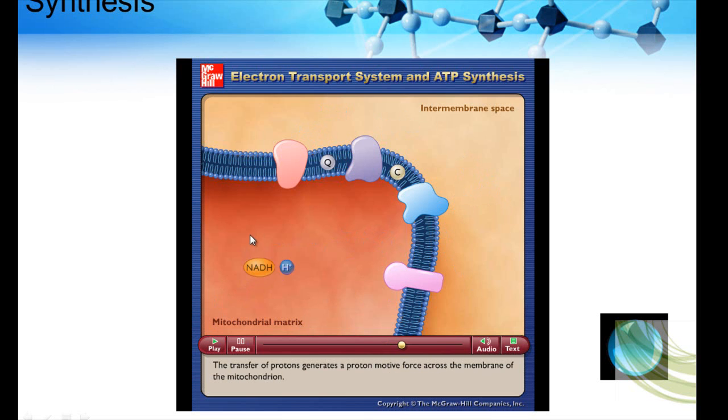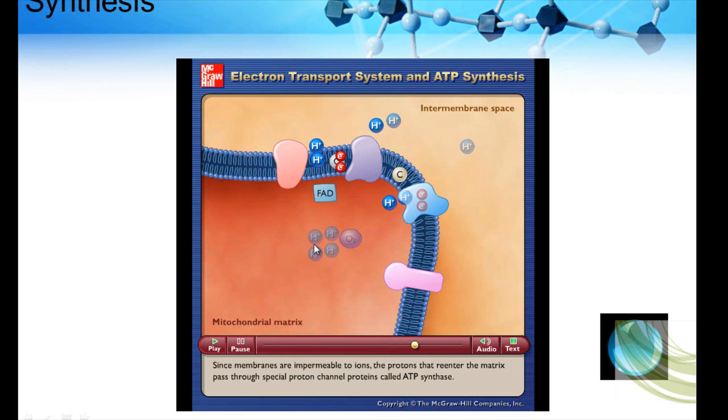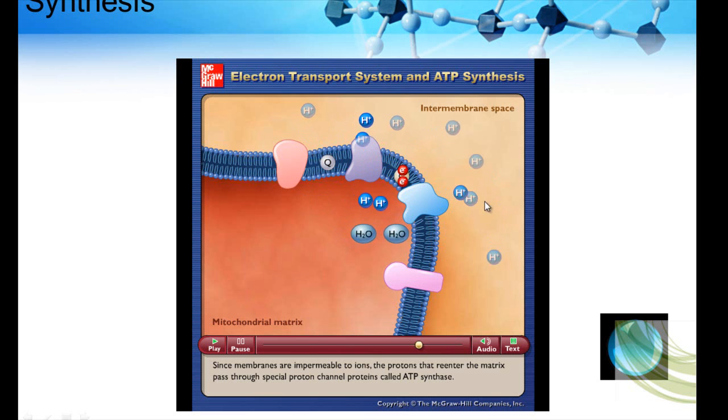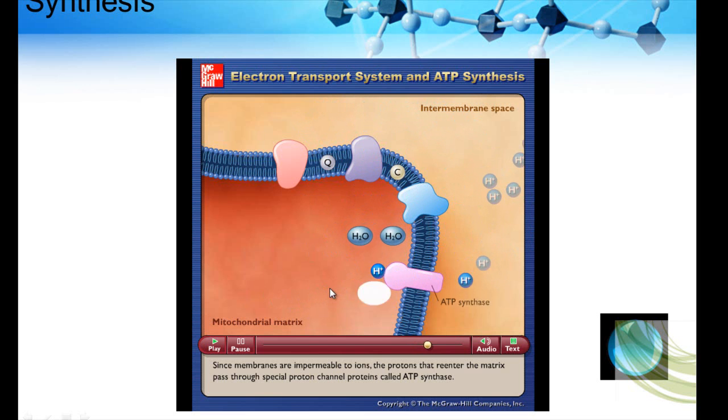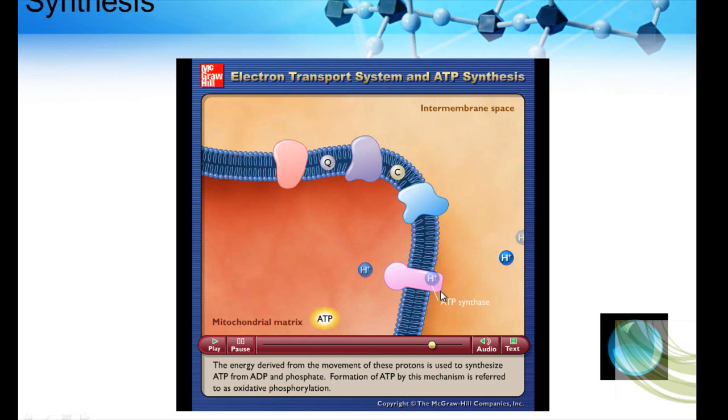So let's watch it again. We're splitting off hydrogens here, and we're making a concentration gradient. And they're flowing back through here. Now notice, as these go through here, they provide power. And there's an ATP.